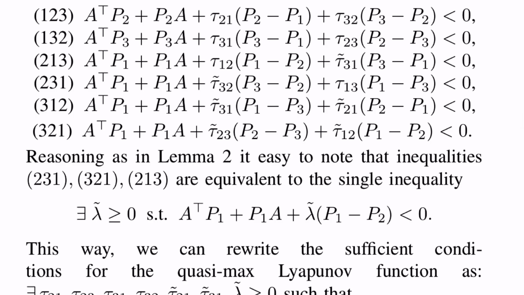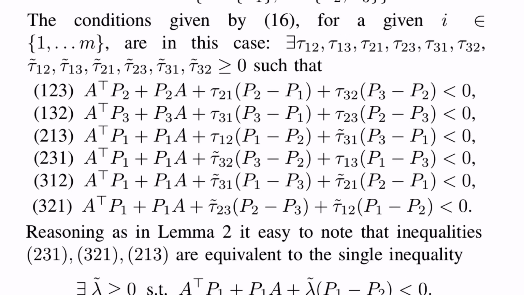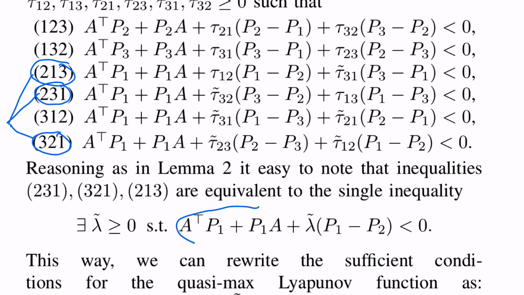if you remember, we introduced a lemma that would allow us to reduce the number of LMIs that we need to look at. In this case, it says 2, 3, 1, 2, 3, 1, 3, 2, 1, that one, and then 2, 1, 3. Instead of having those 3 LMIs, we can have this LMI.